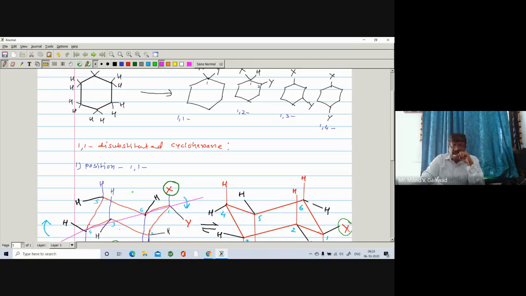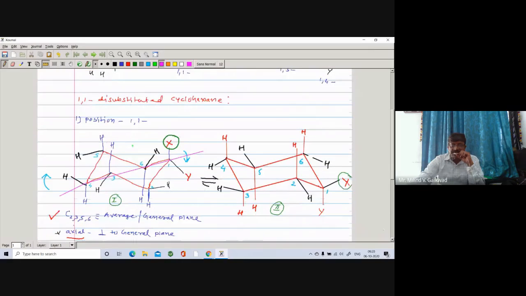So here you see that if both groups, X and Y, are the same, when they undergo ring flipping, X is above the plane in one case, and in the other case, X will go below the plane. But if both are the same, then one is above the plane and the other is below the plane.